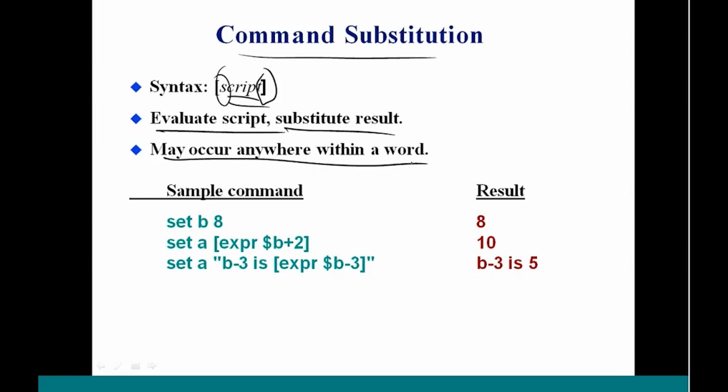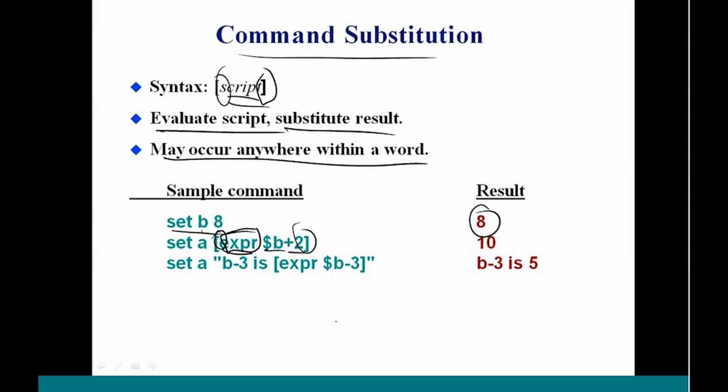So let's look at some examples here. Here set B is 8, so B is set to the value 8, and that is the result here. Then we say set A as [expr $B + 2]. Now with the square brackets and a command name, which is expr here, that expr needs to be executed because it's kept under square brackets.